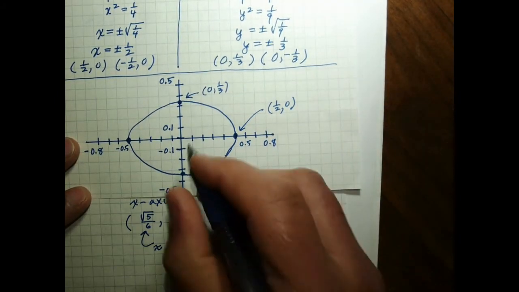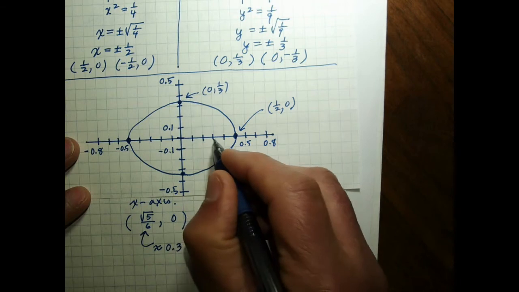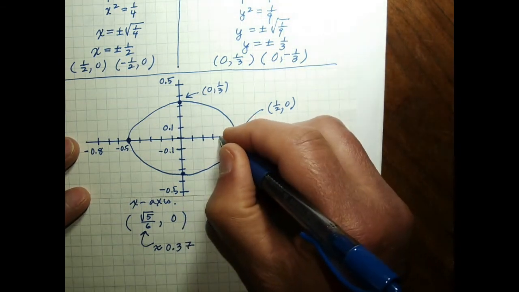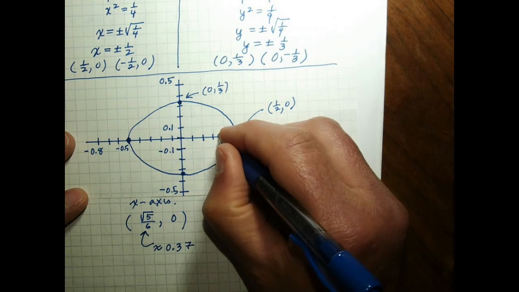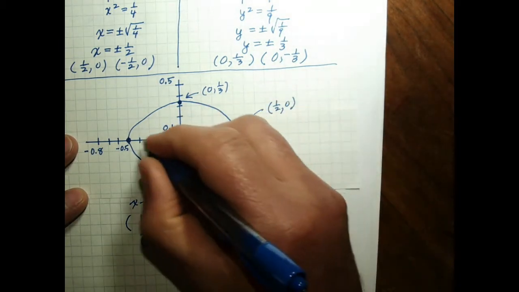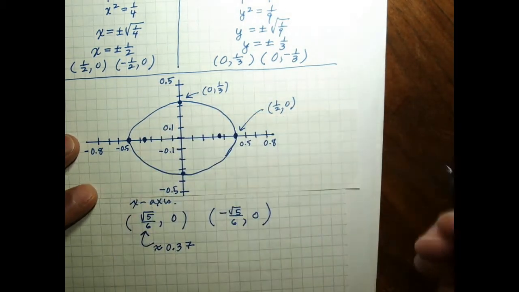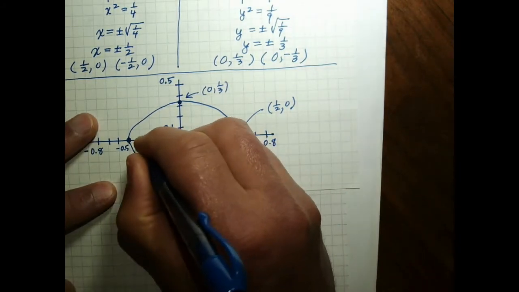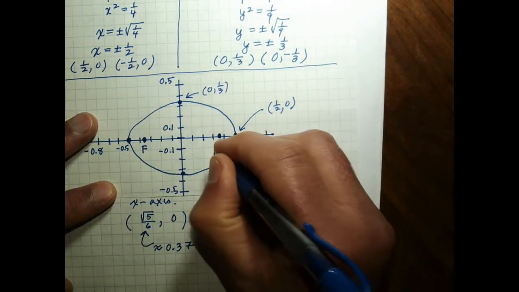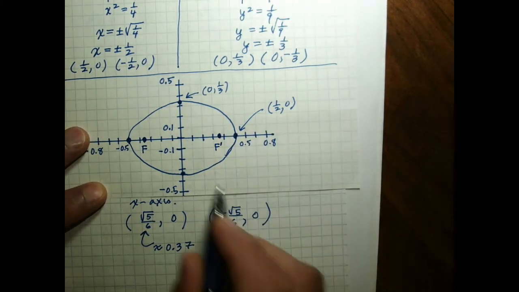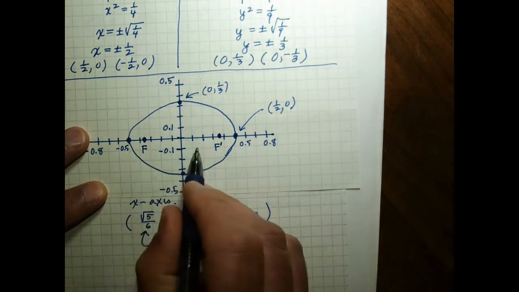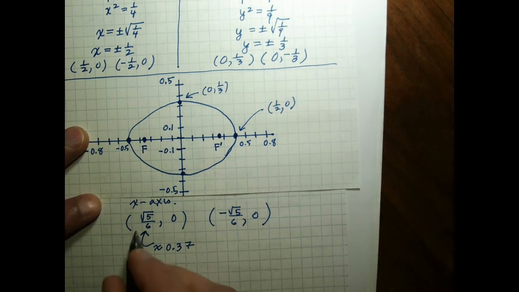They're on the x-axis, between 0.3 and 0.4. So they're here and here. I'm going to label these F and F prime so I don't have to recopy the coordinates on my picture because I'm tight for space.